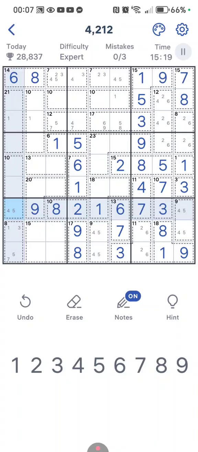Why can't 9 go in there, by the way? Because it's 10 and it's a triple. So the highest number that can go in there is 7. Okay, so 9, 8, 1, 2, 5, 7.